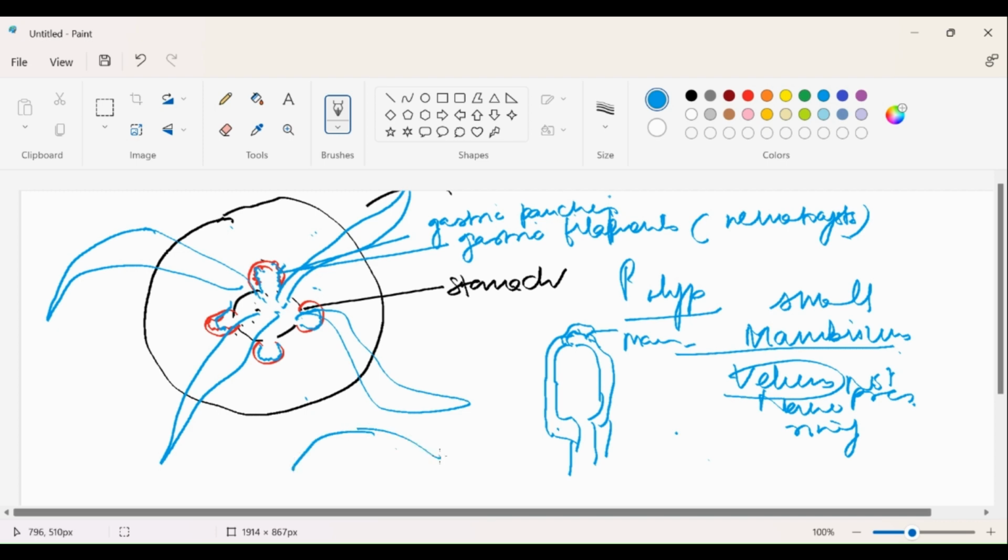hydrozoa has many forms. Polymorphism is exhibited. So I told you about the velum in that case. True velum was there, and it is muscular, and moreover it carries within it a nerve ring. So that is missing here, but they have rhopalia.